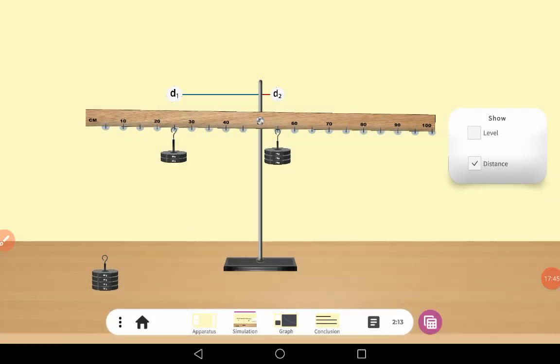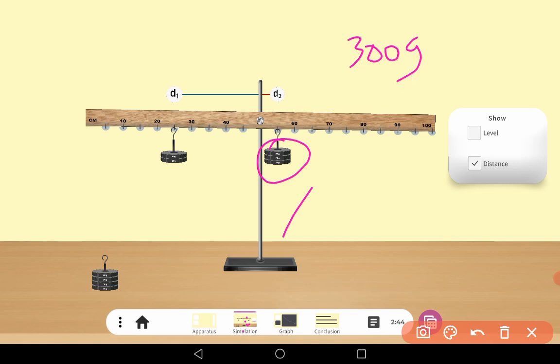Looking at this mass, it appears it's 300 grams, and it is placed at a distance of, let's see, this center is 50.